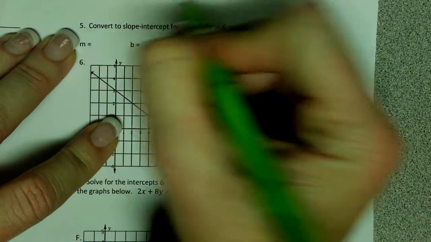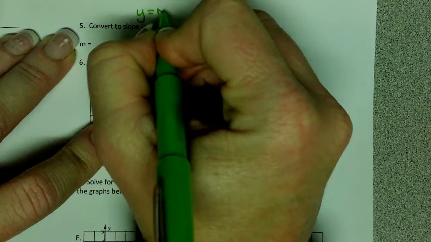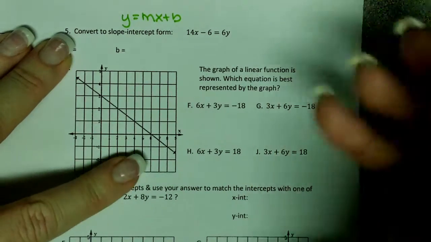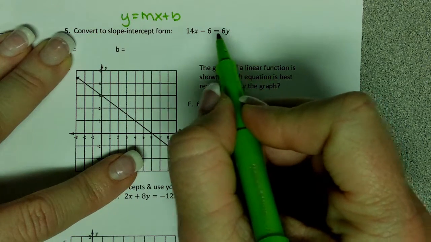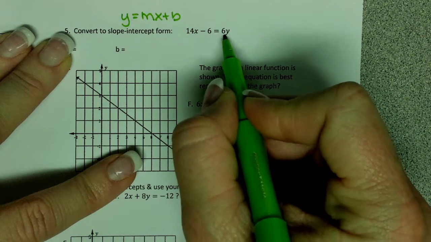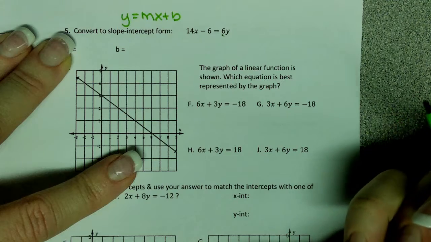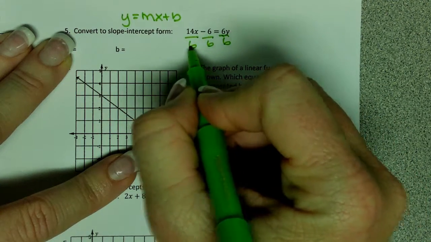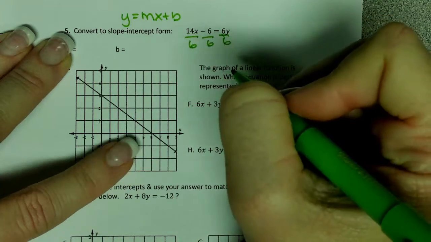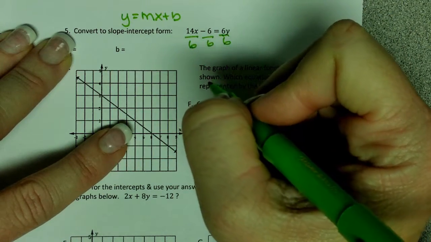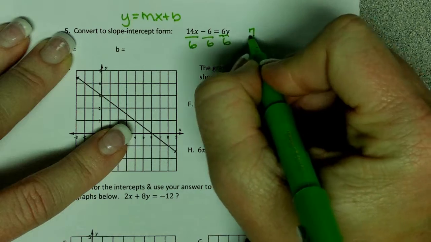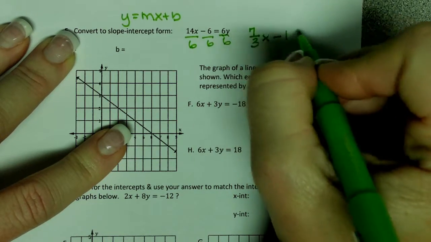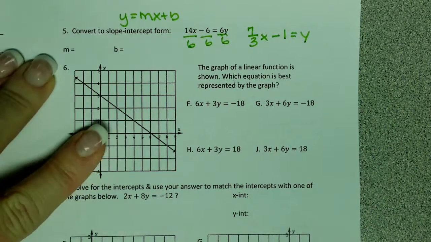Number 5 says convert to slope-intercept form. Slope-intercept form, if you'll remember, is y equals mx plus b. So we want to get y by itself here. The only thing keeping y from being by itself is this 6, so I'm just going to divide everything by 6. 14 divided by 6, I can't really divide that out, so it's going to end up being 7 over 3 x minus 1 equals y.